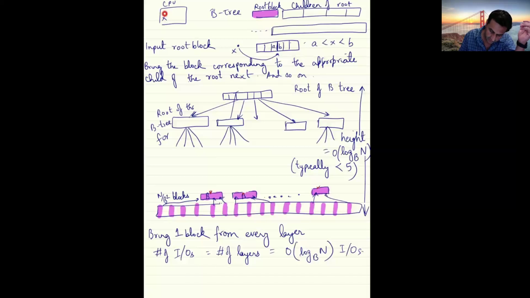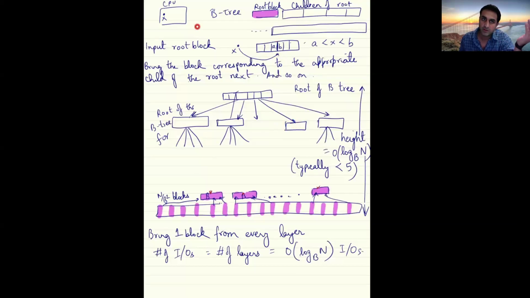And now when you're searching for a key X, you bring in the root block. That's one IO, B pivots. You compare X to those B pivots. If X goes between two such pivots A and B, then you bring in the child of the root corresponding to this subproblem. And when I say bring in the child, it is also a block.